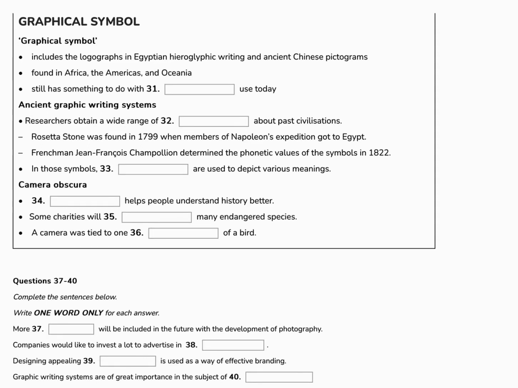Section 4. You will hear a talk on the research of the graphical symbol. First, you have some time to look at questions 31 to 40.